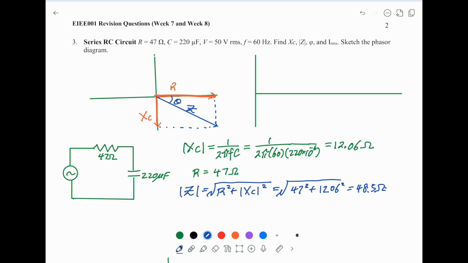The angle is arc tangent of XC over R. Remember, this is a negative angle, so I have to put the negative in front of the arc tangent. This becomes negative arc tangent of 12.06 over 47, which is minus 14.4 degrees.